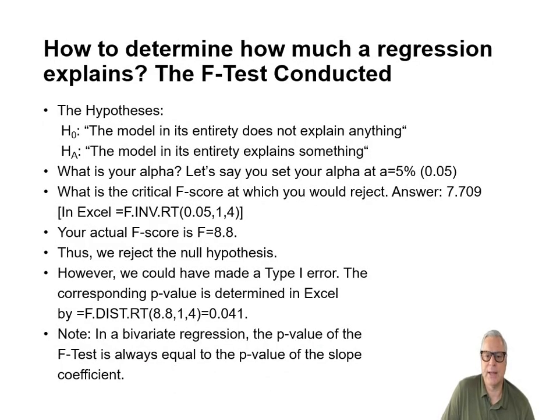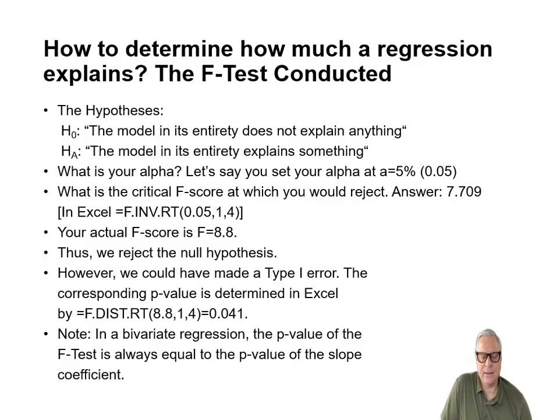Actually, before I show you that, let's quickly introduce some other things. So again, when it comes to an F-test, the hypotheses are the null is the model in its entirety does not explain anything. The alternative is the model in its entirety explains something. So what is your alpha? So let's say your alpha is 5%, so 0.05. So now what is the critical F-score at which you would reject? And the answer is 7.709.